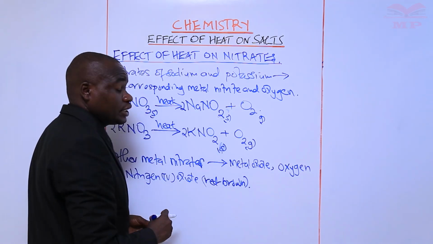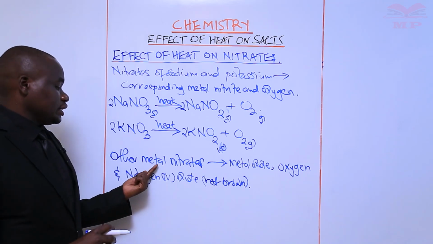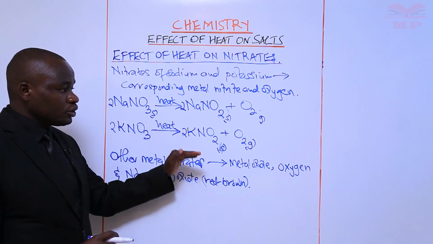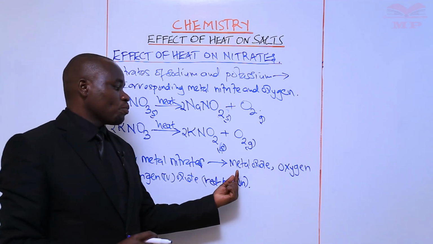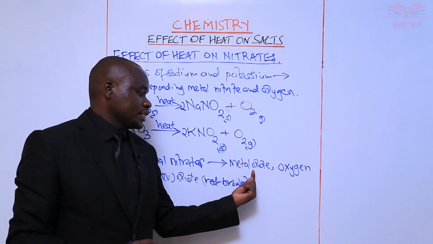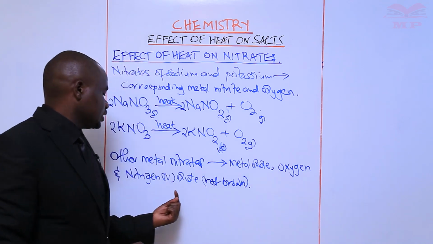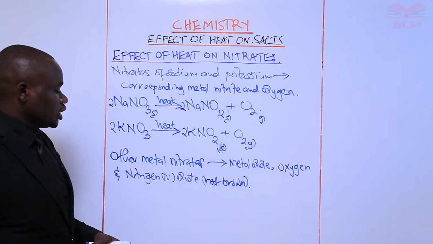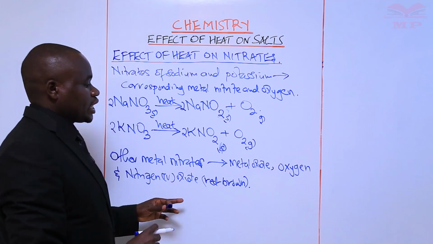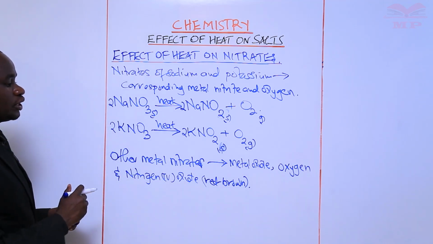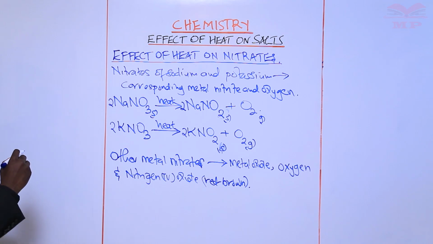So we are saying this, that the other metal nitrates, for those elements which are in the middle of the reactivity series, decompose on heating to give you the corresponding metal oxide, oxygen gas, and nitrogen 4 oxide gas. Let us illustrate that by using the following equations.